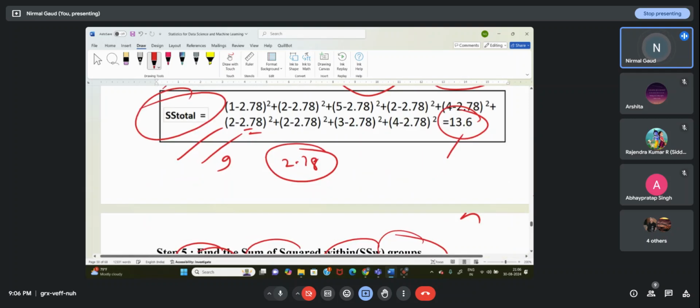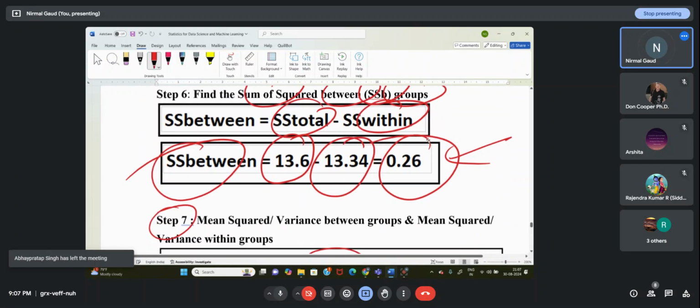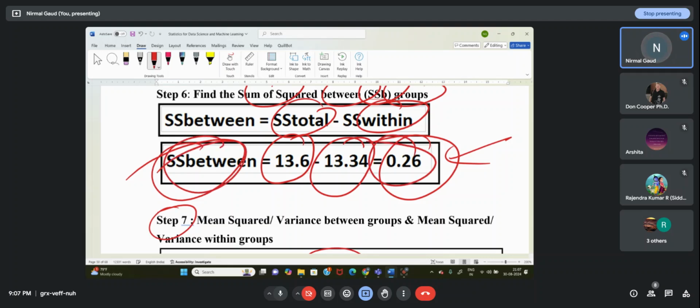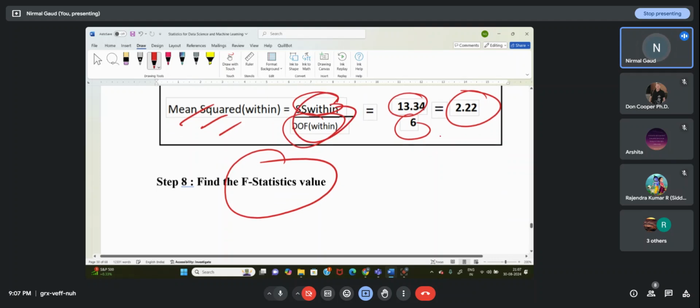Then 13.6 minus 13.34, you get 0.26. This is SS between, 0.26. Then divide SS between by degree of freedom between, 0.26 by 2, 0.13. SS within by degree of freedom within, that is 13.34 divided by 6, 2.22.